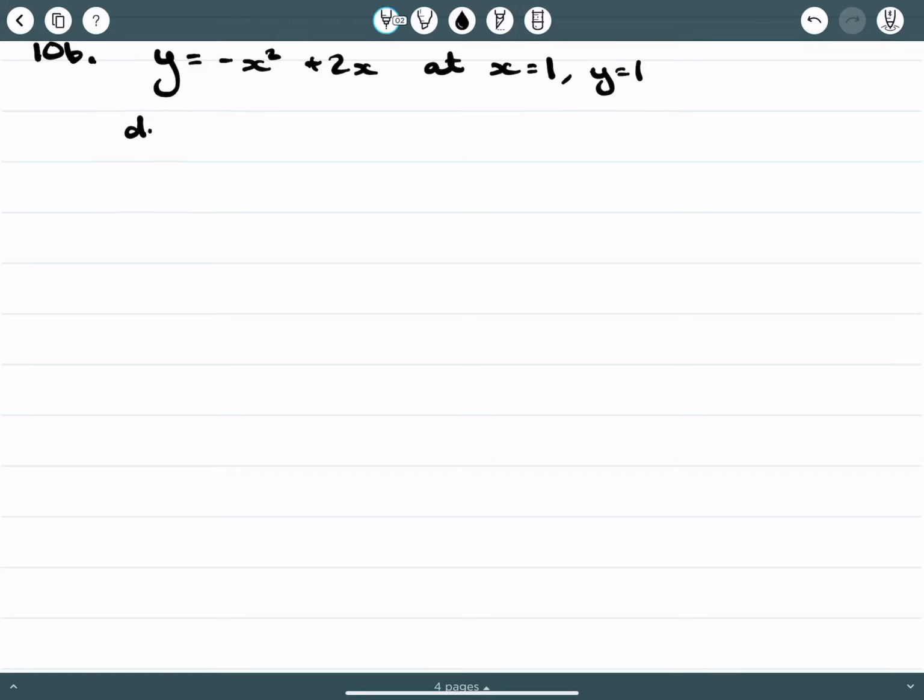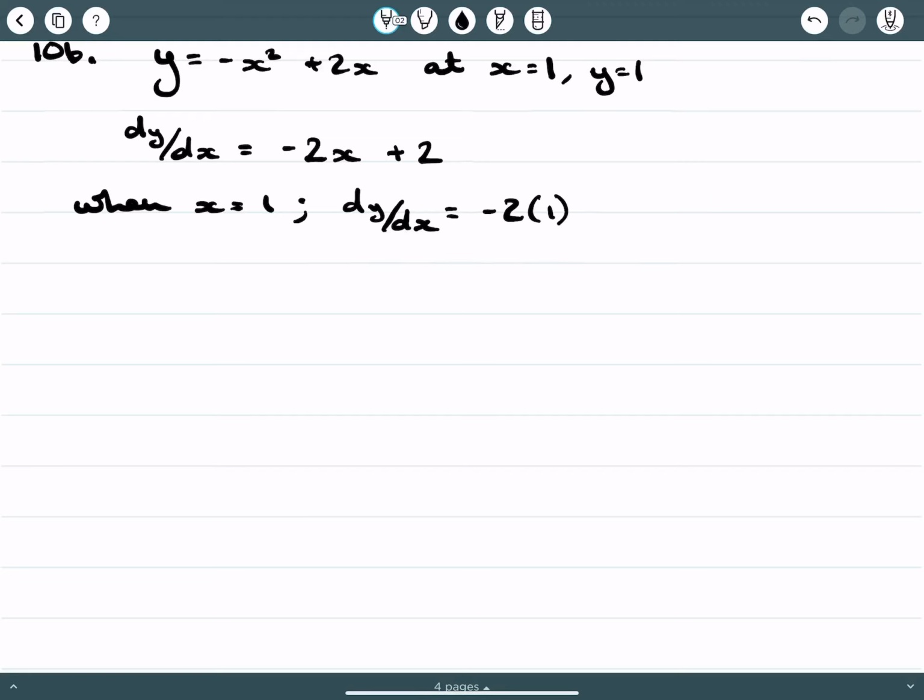I would find what dy dx is going to be. dy dx equals negative 2x plus 2. I will say here when x equals 1, what does dy dx equal? dy dx equals negative 2 by 1 plus 2. This so happens that it's 0. So this is quite easy to think about.